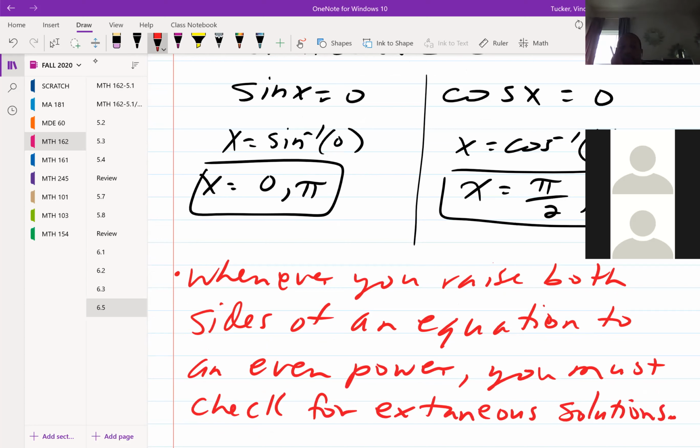Whenever you raise both sides of an equation to an even power, you must check for extraneous solutions. So in other words, those are just solutions that do not work for you.